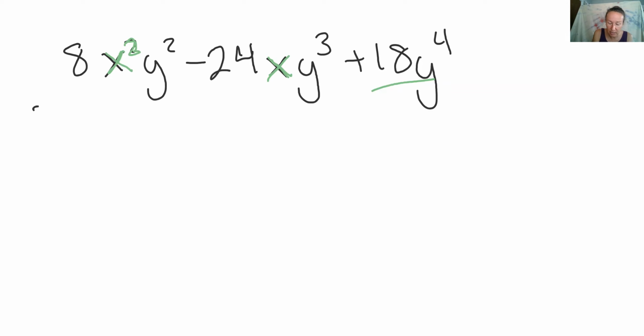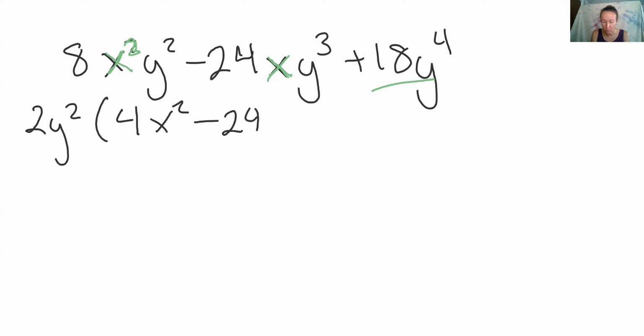So we're going to factor out a 2y squared, and we're going to be left with a 4x squared minus 24yx plus a 9y squared.